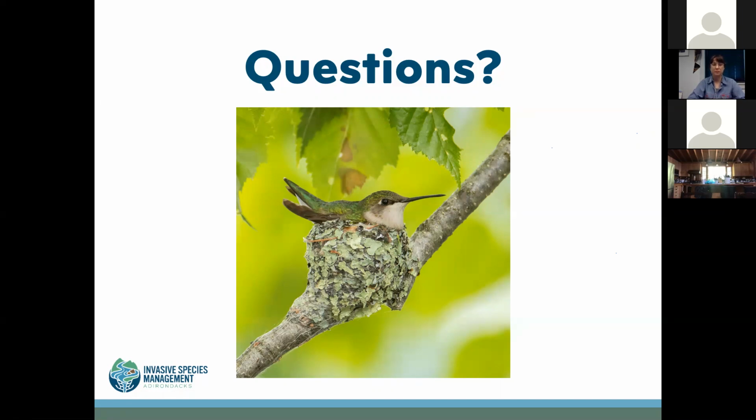That is when the plants are beginning to flower. At this time, if you apply an herbicide, it is most likely to be translocated deeper into the root system. So if you're waiting for the optimal window to treat your knotweed, it is typically in August or early September. So just keep that in mind if you're considering performing a chemical treatment.